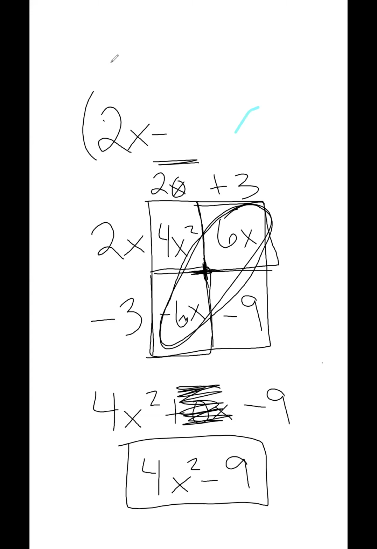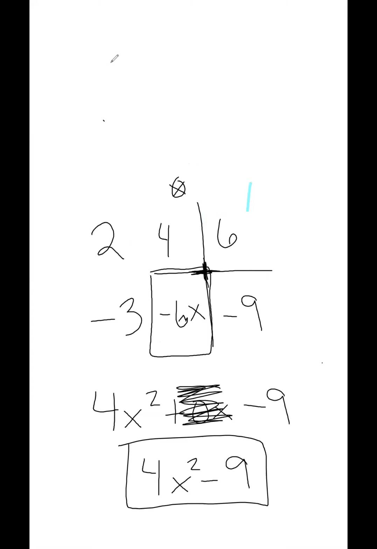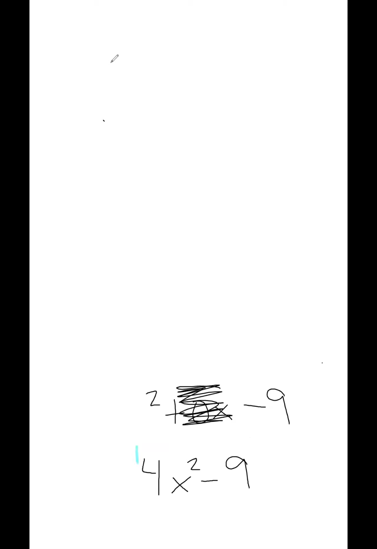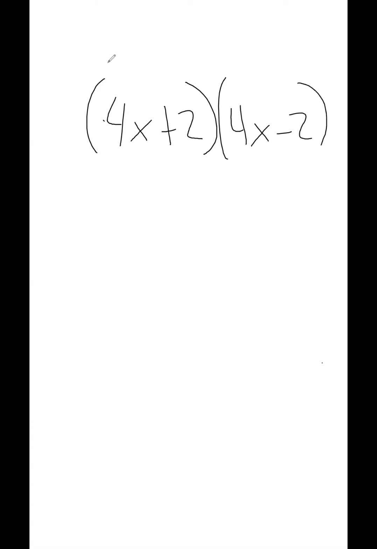We'll do one more of those. So let's say we have 4x plus 2. And then we have 4x minus 2.